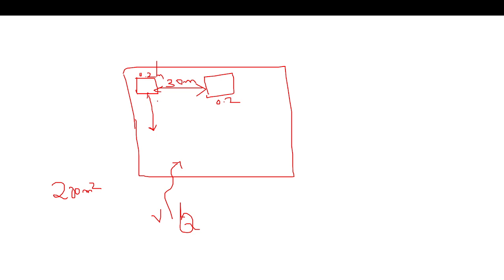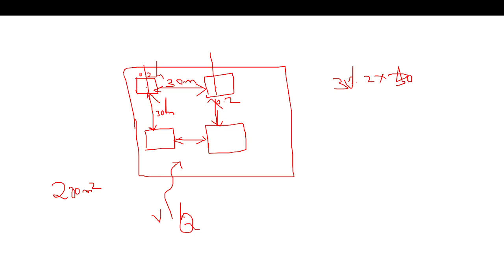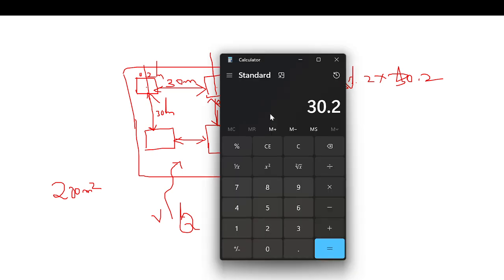Another 30 meters, one box will come. So for 4 boxes, how much area will it take? Center to center, I am saying. Center to center will be 30 plus another 0.2, so 30.2 into 30.2 will be my one square's area. So if you multiply, 900 is coming.